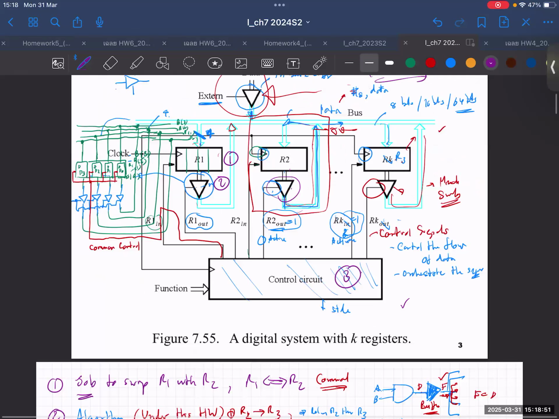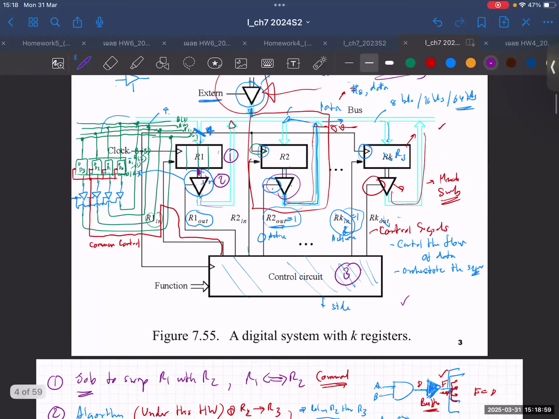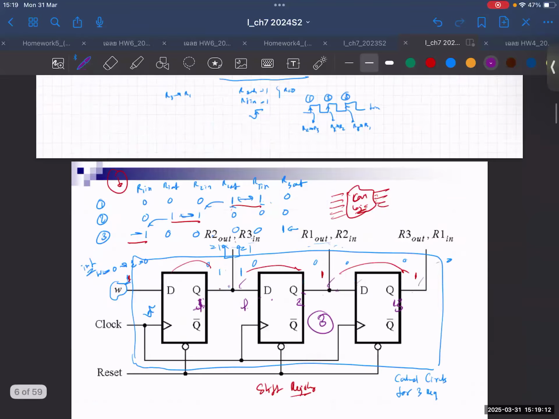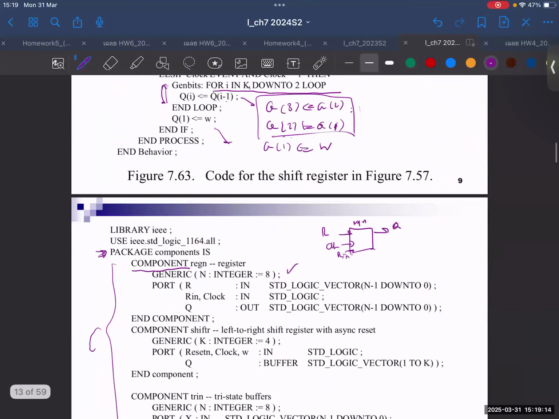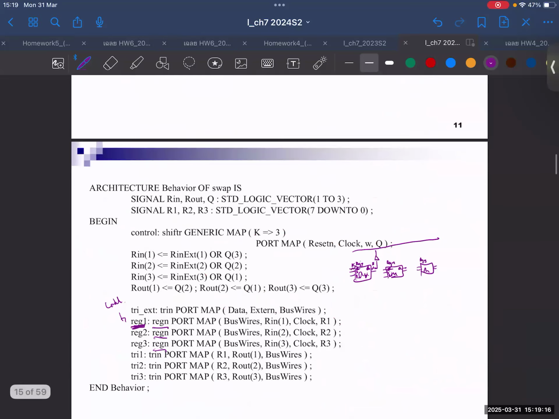You see, the output of 1 goes to the input of the tri-state buffers, and the output of the tri-state buffers goes to the bus. So you need to give the connections, or you can say the wires, the names of the wires that you're going to use. The wires are signals in VHDL, so you need to declare them in VHDL as the wires that you want to use.